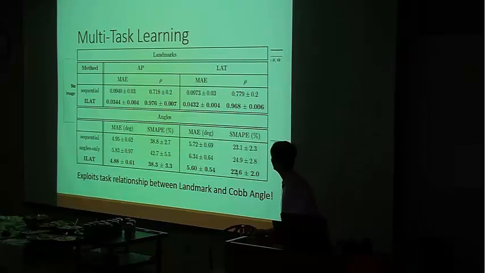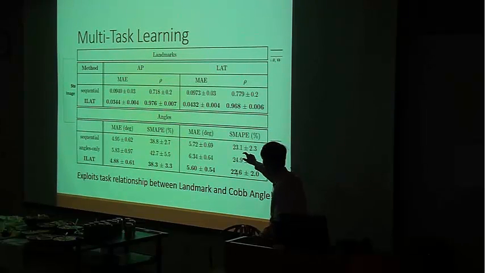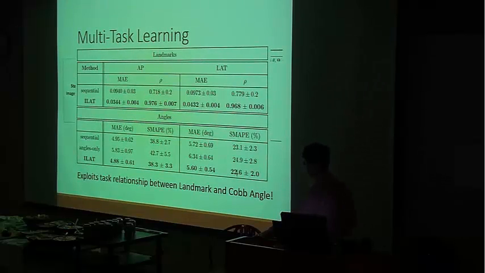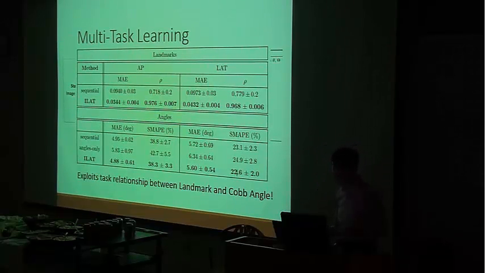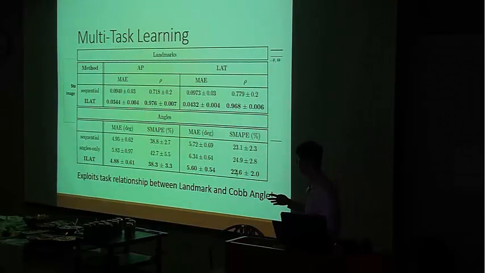And as you can see, just training using the angles, the error is highest compared to training sequentially and training iteratively. So what this shows is that there is some positive reinforcement occurring between training both landmarks and curve angles together versus just training it sequentially or training just the curve angle.